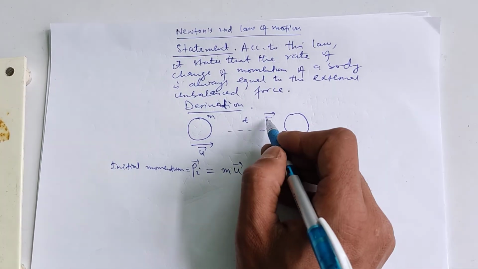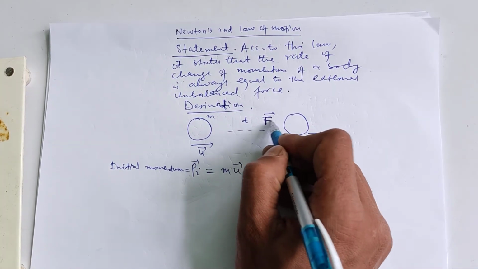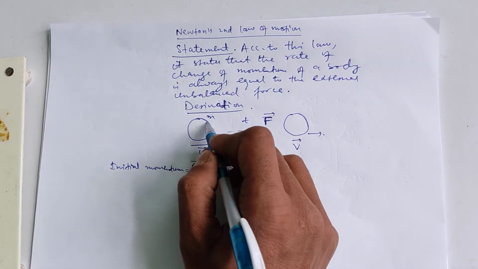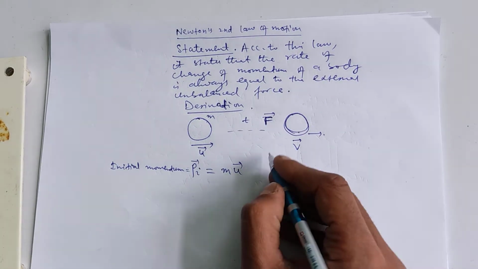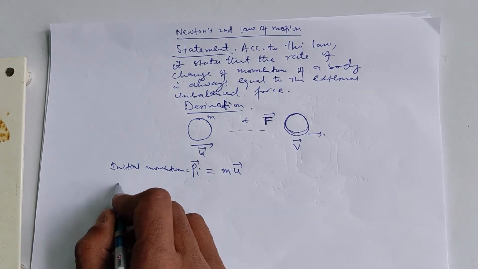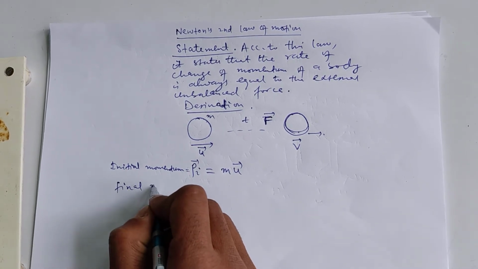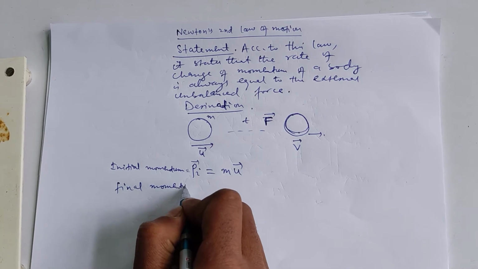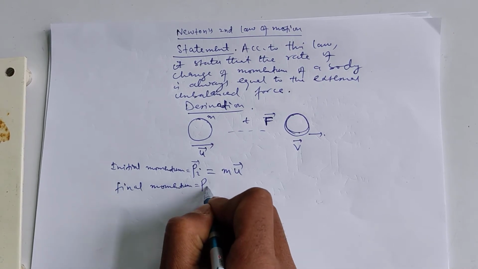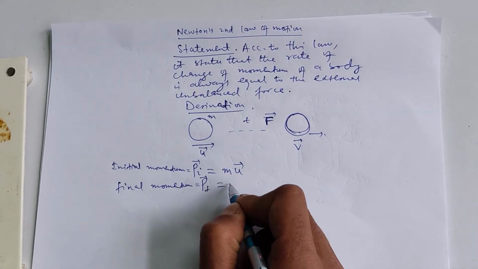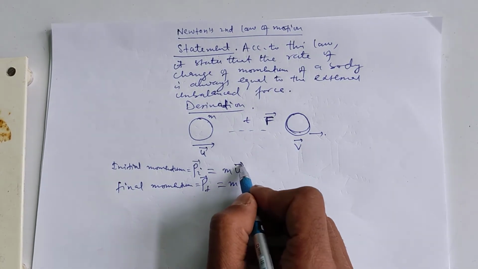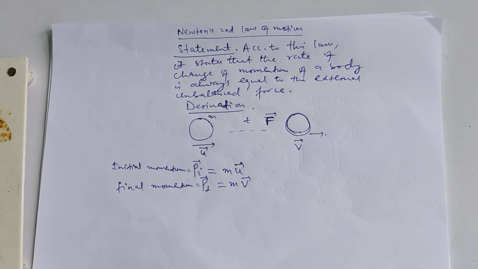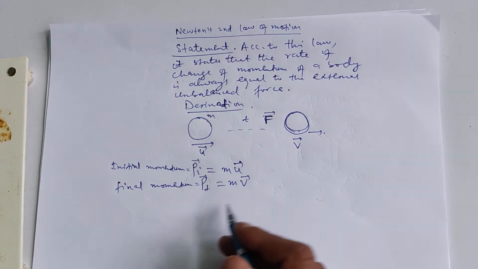After the application of the external force acting on this object, the velocity of the object gets changed. So we can calculate here the final momentum, that will be equal to m into v. Here the arrow represents a vector, because these are vector quantities.